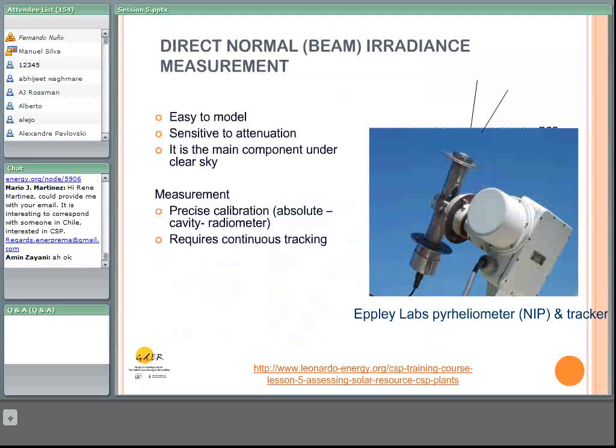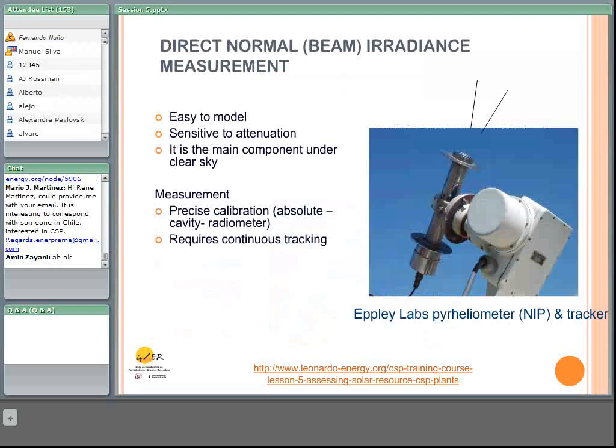The beam irradiance is measured with a pyrheliometer, as I commented before. The pyrheliometer has to be always properly aimed at the sun. There is a certain tolerance, an acceptance angle, but it's always recommended to keep it as perfectly aligned as possible.